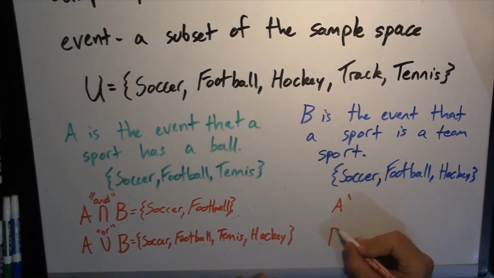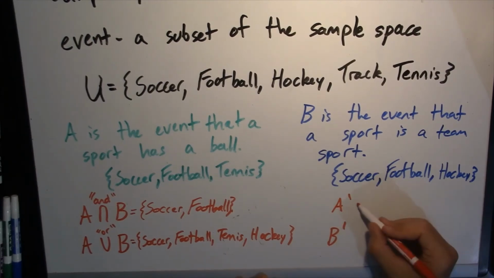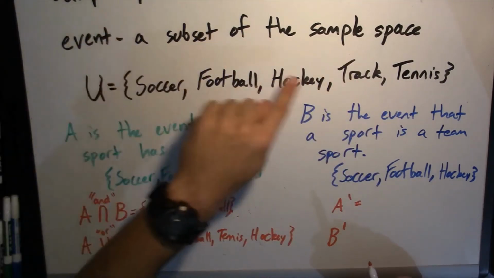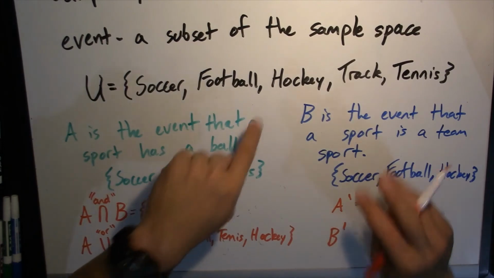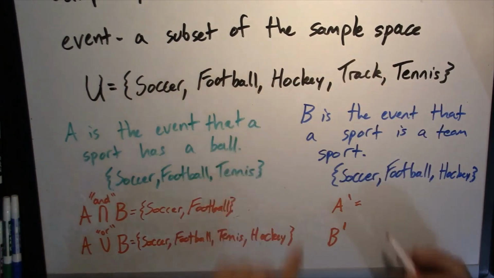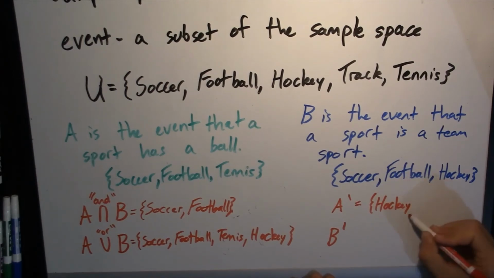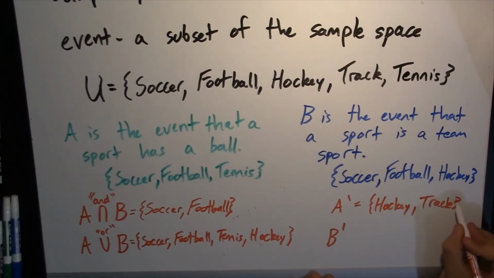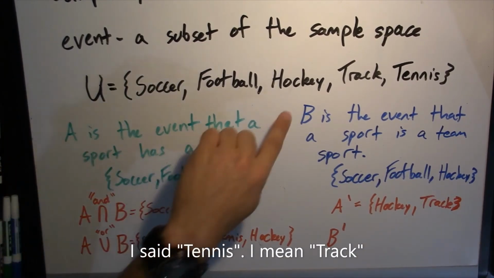Okay, and then we have the complements. So A prime is the complement of A. That's everything that's in the sample space that's not in A. So we have soccer, football, and tennis. Hockey and track are not in there. So that will be the complement of A. The two sports that did not show up in A, which was hockey and track.